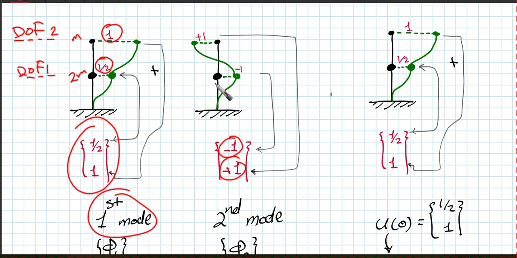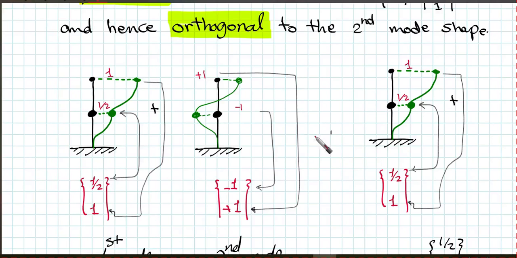And for the second mode, if you remember, it is given as -1 and 1. Let's put it graphically here. I should put it in the other form. So now this is the contribution of the second mode.